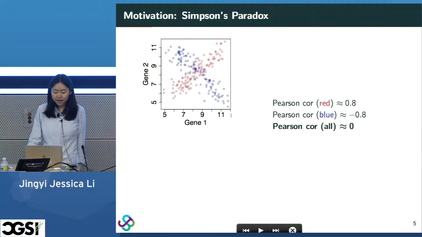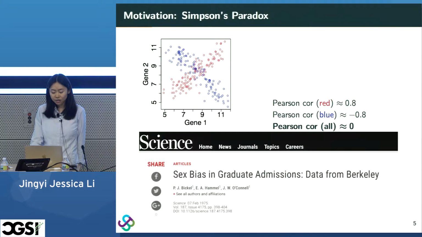And another related example, if you check Wikipedia for this term, you will see a very phenomenal paper in 1975 in Science about sex bias in graduate admission at Berkeley. And my PhD advisor was actually the first author of this paper. What this paper said is that if you look at the graduate admission data as a whole, you would think there is some discrimination against women.